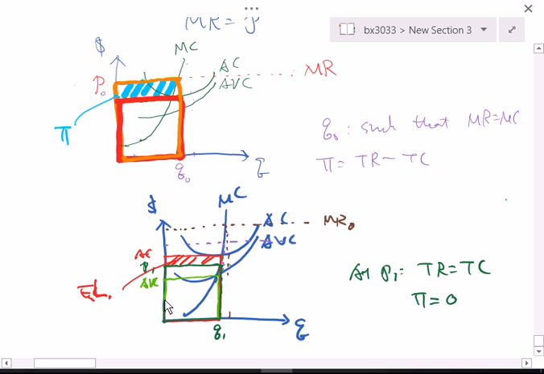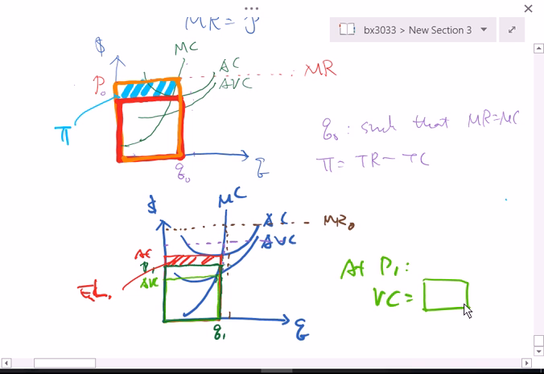So this light green, the total variable cost, is this light green rectangle.